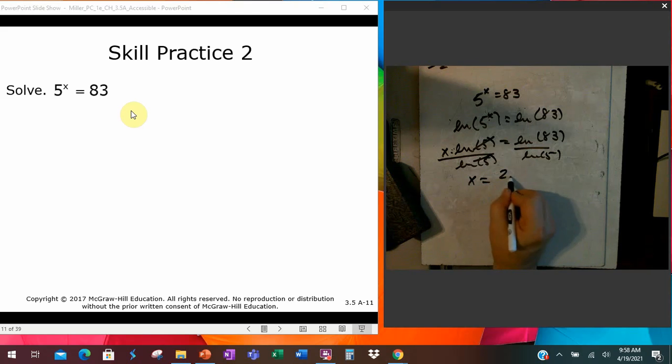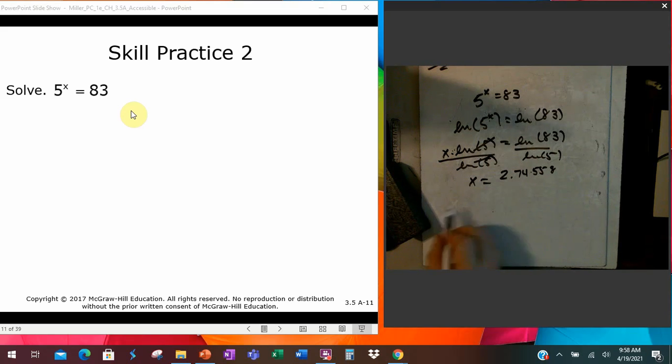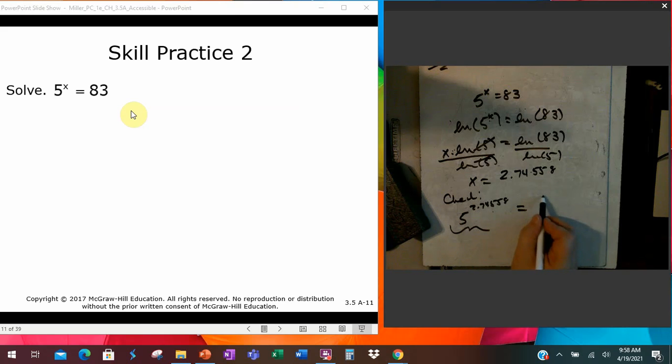I get x is equal to 2.7455804. And if I do 5 to this power, to check, 5 to the 2.7455804, and if I do this on the calculator, am I really close to 83?